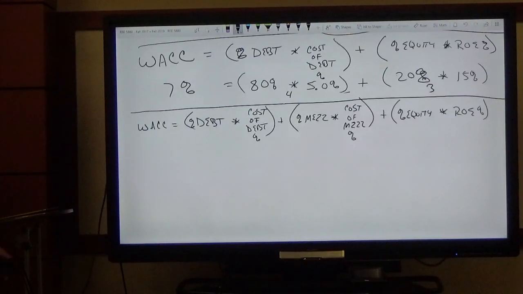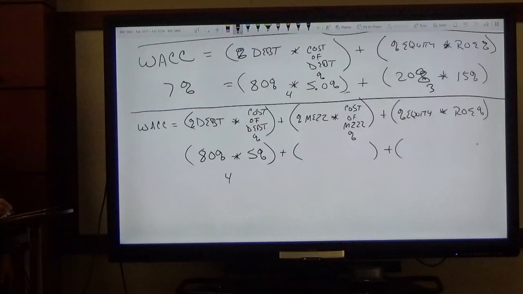Okay. Now, with the mezzanine, we have still 80% debt, and our cost of debt is still 5%. Okay, so we do the math on that, that's still going to be 4. Now we have the mezz piece, and we've also adjusted our equity piece. So our mezz piece, in that previous problem, we said that was going to be 15% of the overall capital structure, and then leaving us 5% for equity. Okay, our cost of the mezz was going to be 10%, and our return on equity required was going to be 15%.